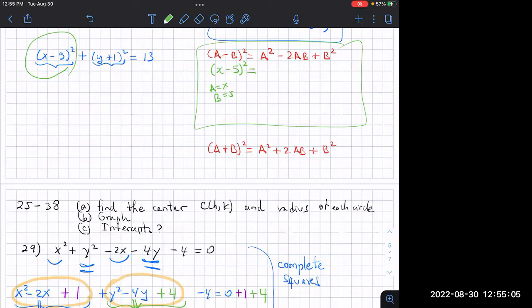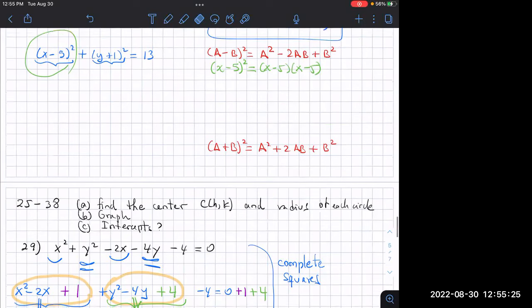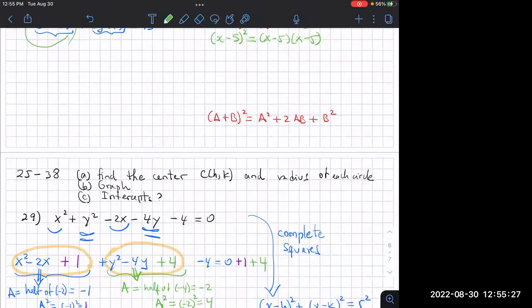Do we make it 25x? Okay, let's do it a different way then. (x minus 5) squared is (x minus 5) times (x minus 5), isn't that right? Yes. So let's forget about that, and I'll show you how the other one comes into play.